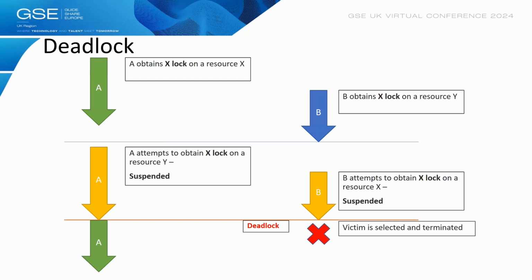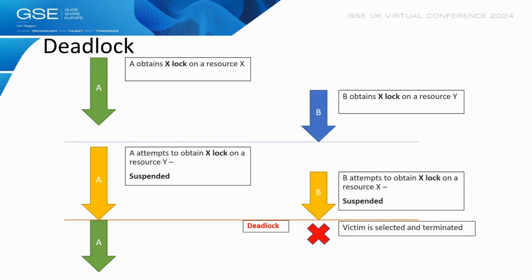So now we are in this deadlock situation. So A is waiting for B, and B is waiting for A. So Db2 will figure this out, and there is this deadlock situation. So it will detect, hey, here is the deadlock. I will select the victim and terminate. And Db2 has some logic that determines which should be the victim, but basically you have no control over that.